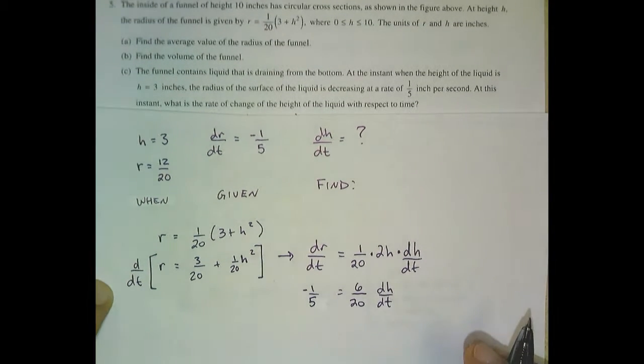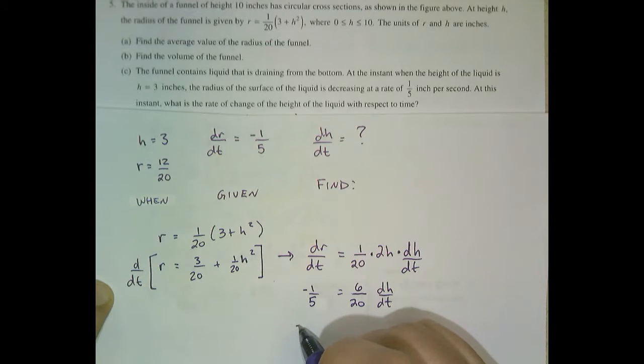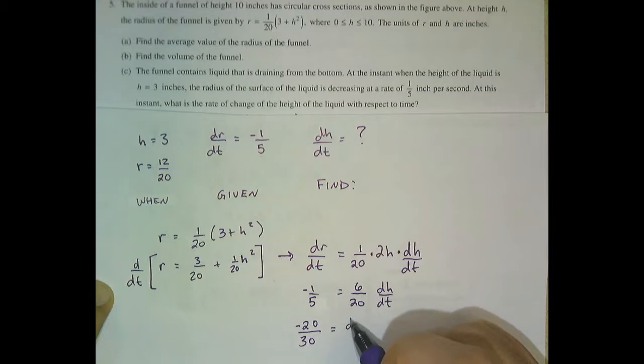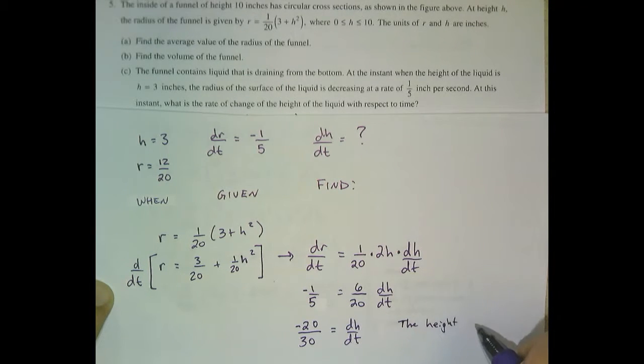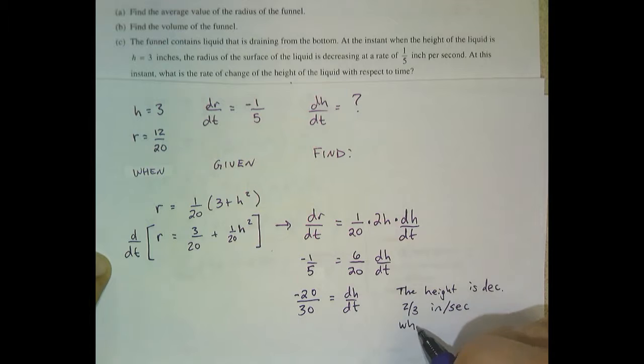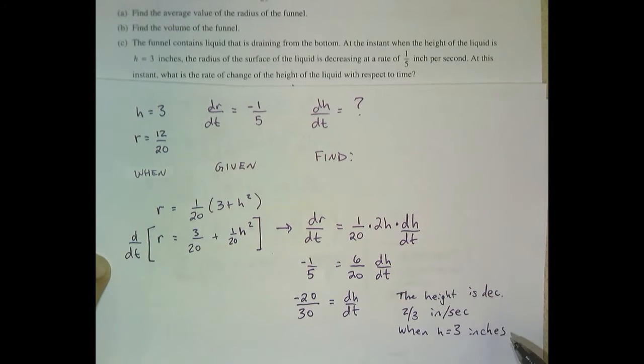If we solve this equation for dh dt, we'll get negative 20 over 30 equals dh dt, or the height is decreasing 2/3 of an inch per second when h equals 3 inches. So that's the complete sentence structure.